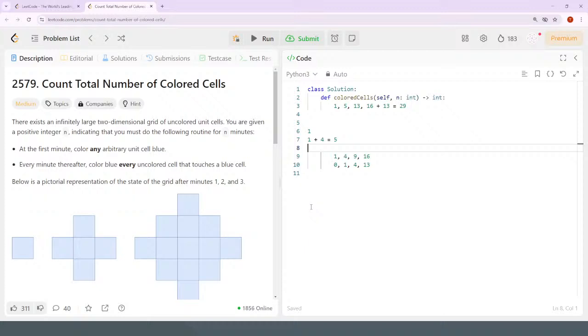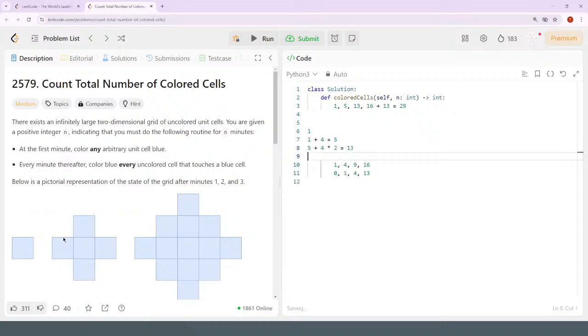So the outer perimeter is 4. Oh, the special case here is just 1, I guess. 1 doesn't have an outer perimeter. It doesn't contribute 2. So here it's going to do 5 plus 4 times 2, so that's 13.